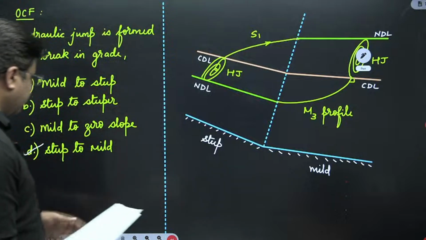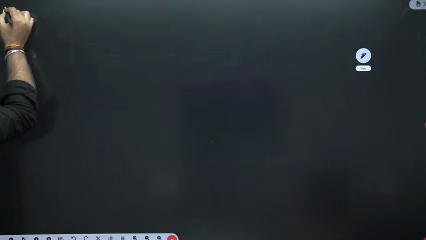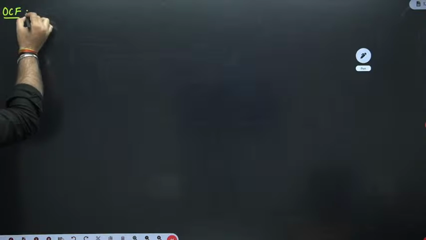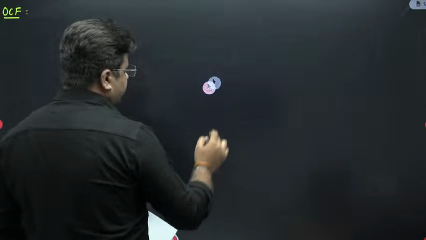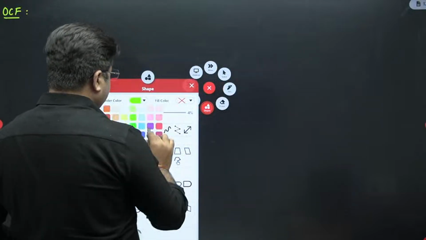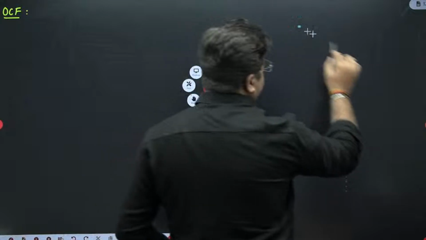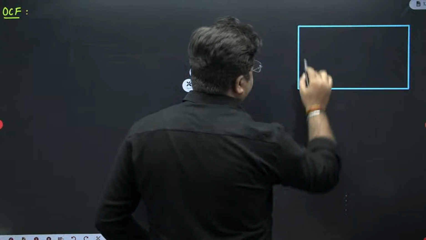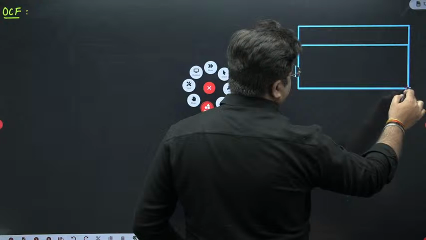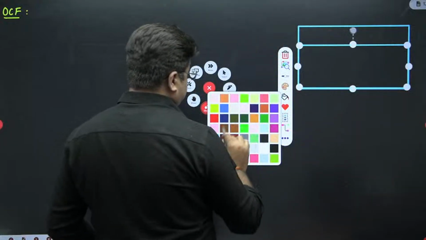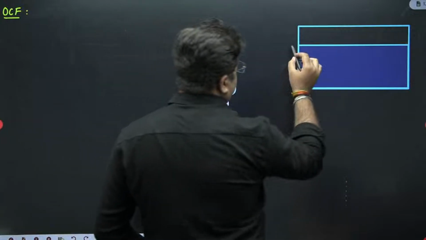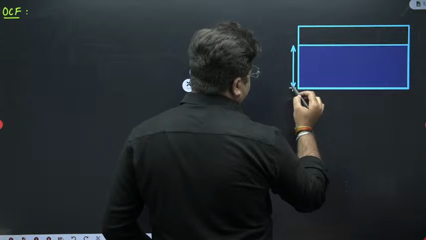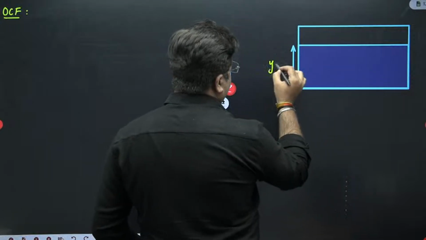Now let's see this. Another question is from the open channel flow. A wide rectangular channel is given to us with a flow depth of 1 meter. This flow depth here is 1 meter, so y is given as 1 meter.